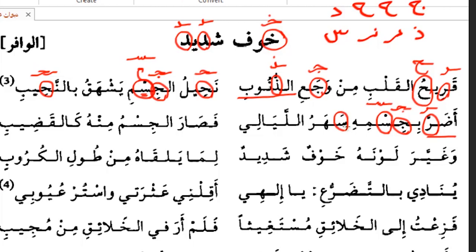We have a seen here at the beginning, seen. We have a ra here at the end, so connection, ra. We have here a ra on its own. We have a jim in the middle, and then a seen again. And if you notice, these two words are exactly the same. So connection, seen, connection again.